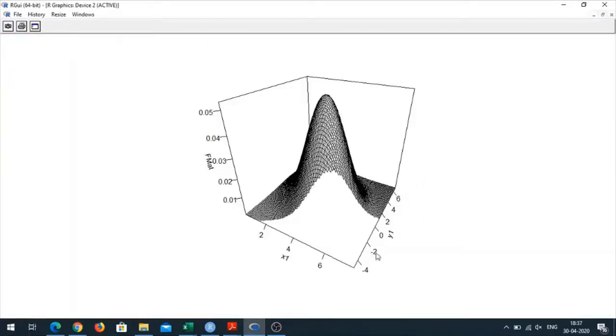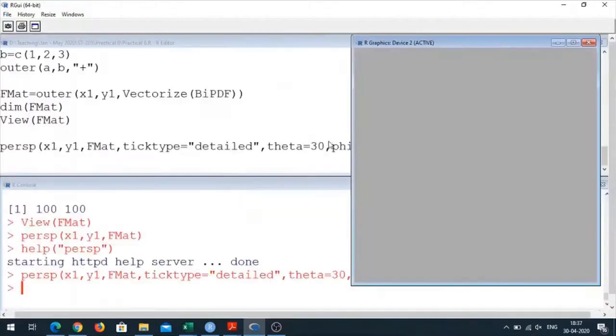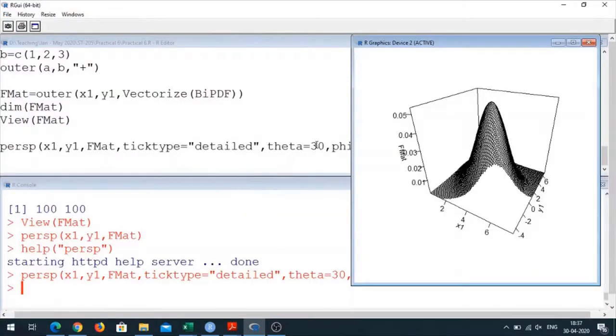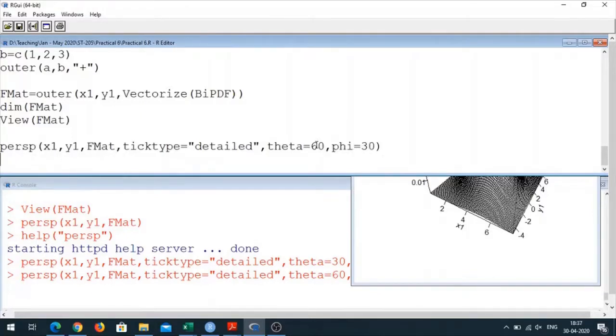Okay, so see this, now I am getting the scale here 2, 4, 6, minus 4, minus 2 and so on, and you can see the graph has been rotated. You can try different values of theta and phi and see how things change. Okay, so if I try theta equal to, let's say, 60, and then see what happens.